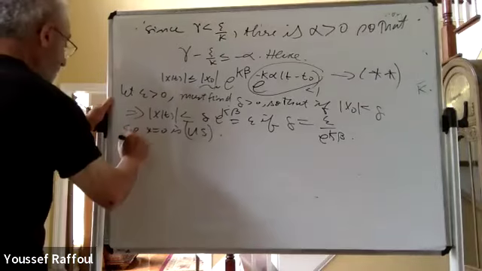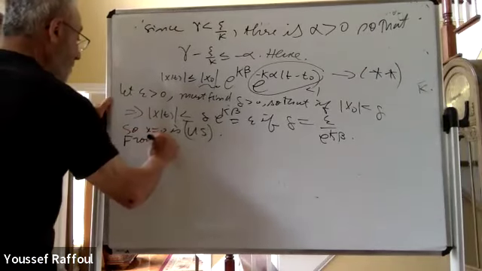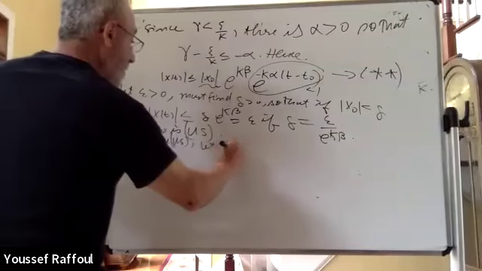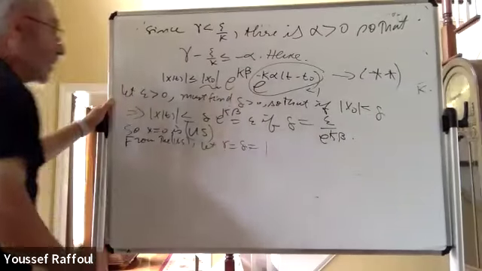So from the uniform stability, let gamma equal to delta equal to 1.